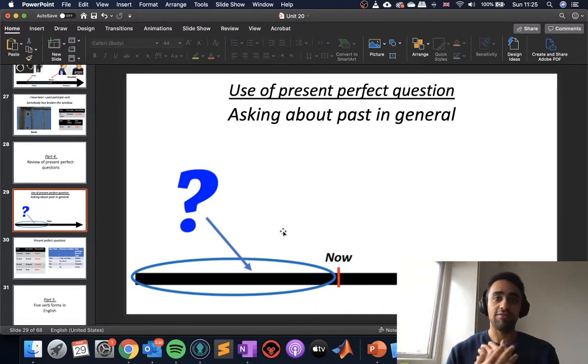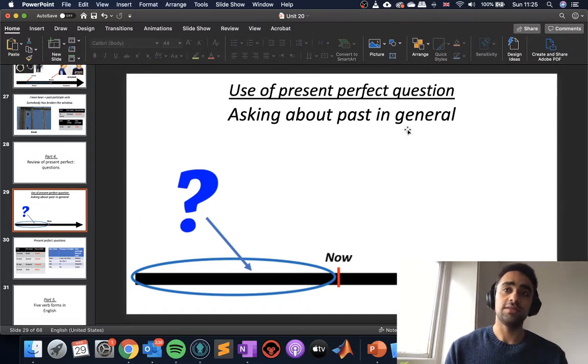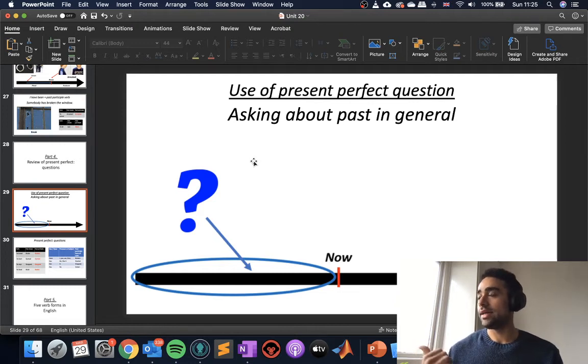I'm asking if you have done it in general. If I see the window is broken right now, and I ask somebody, "Oh, have you broken this window?" I don't know when the window was broken. I didn't ask him if he broke it 2 hours ago or 5 minutes ago. I'm asking in general, have you broken this window?